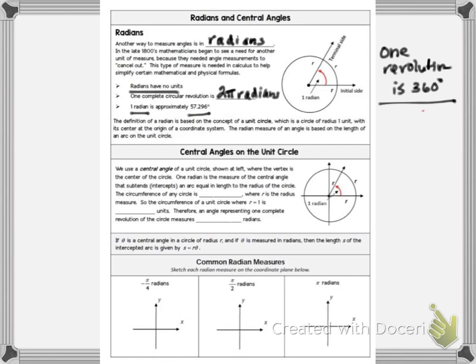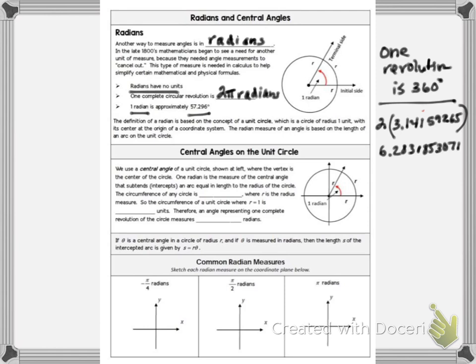So let's say we can come up with 360 degrees from the 2 pi radians. So this would be 2 times pi, which is 3.14159265 and so on. If I multiply that by 2, I get 6.2831853071 and so on.